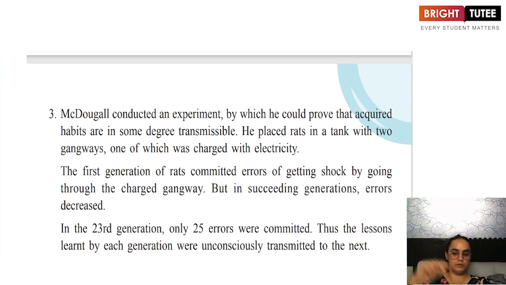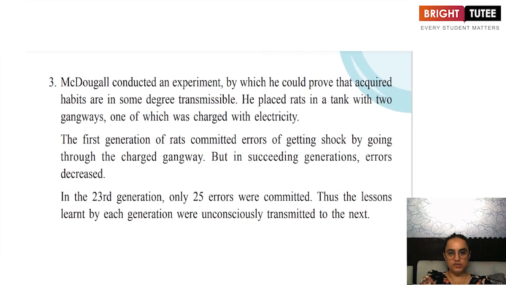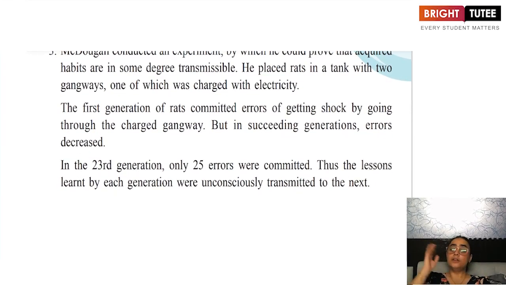The offspring decreased the chances of this error. In the 23rd generation, only 25 of such errors were committed. And therefore it was believed that with each passing generation, the lessons that were learned by each generation were very consciously transmitted to the next.